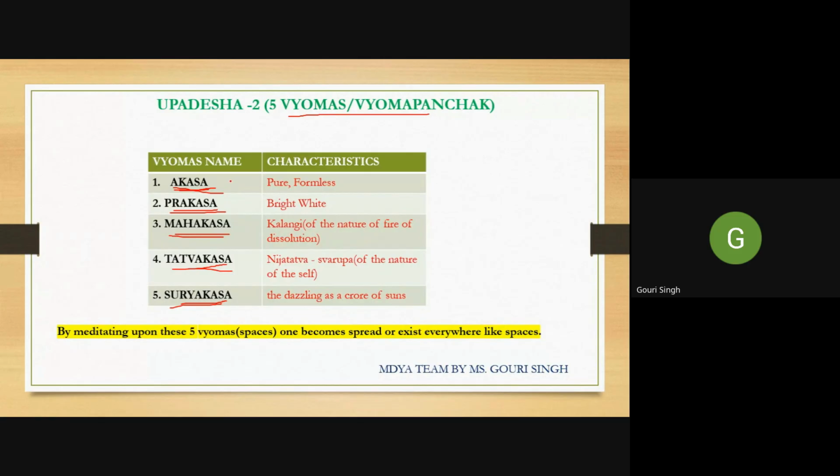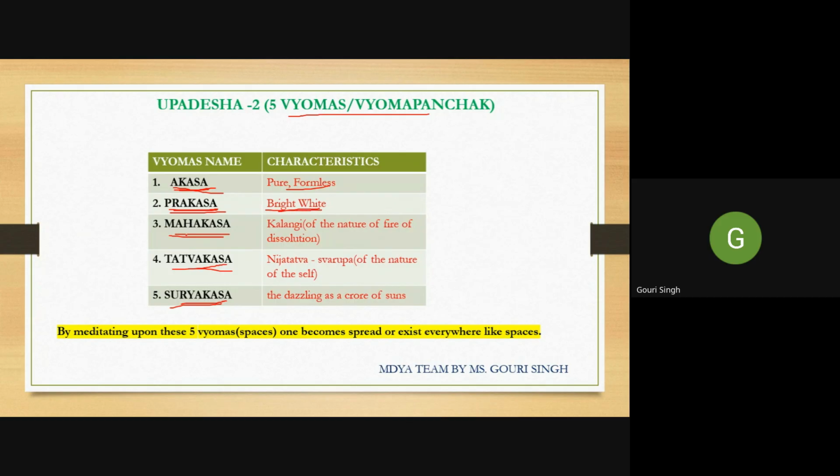And characteristics, it is said here, Akasa is pure and formless. And Parakasa is bright white. As we know, Para means Prakasa, light, so that light will become bright white color.